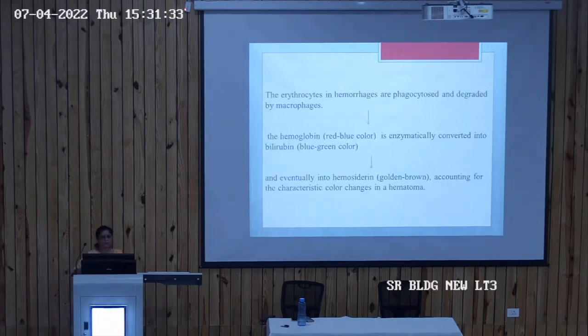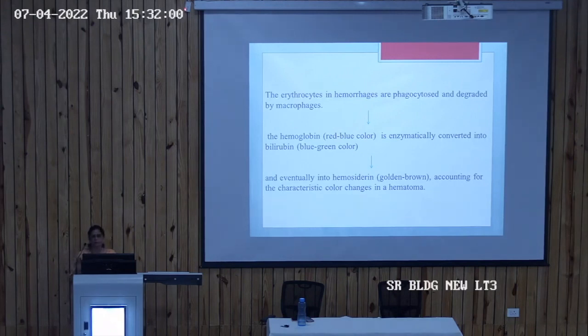So what happens here is erythrocytes in the hemorrhages are phagocytosed and degraded by macrophages. The hemoglobin, the red-blue color, is enzymatically converted into bilirubin, which is blue-green in color, and eventually into hemosiderin, which is golden brown in color, accounting for the characteristic color changes in hematoma. जब नील पड़ता है तो शुरू में तो वो नीला नहीं होता, स्टार्टिंग में तो पता नहीं चलता चोट कब लगी थी, कुछ दिन बाद पता चलता है निशान हो रहा है, ठीक है?